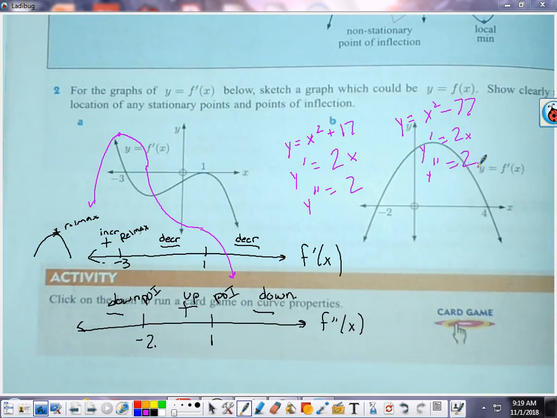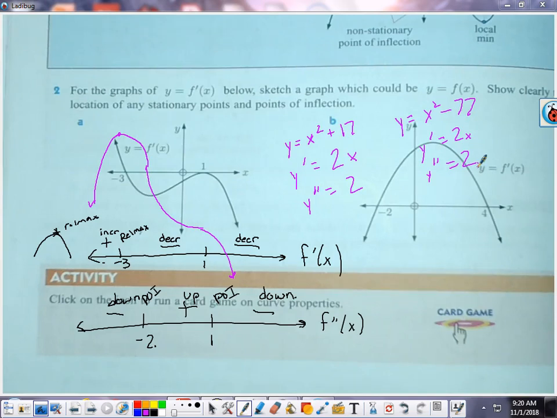So I have no way of knowing, without them giving me one y value in the original graph, how high or low it is, because even something that's up 17 or down 77, all I have information about is the shape of the graph from the derivatives, because the derivative of a constant is 0.